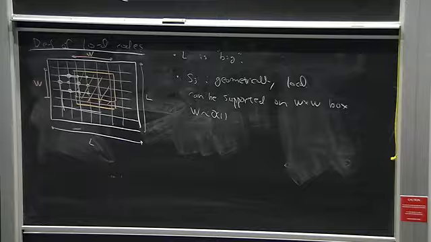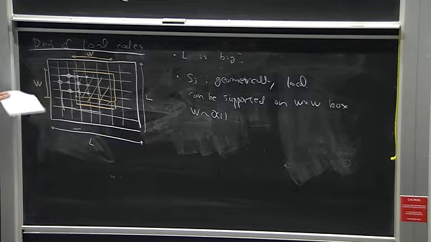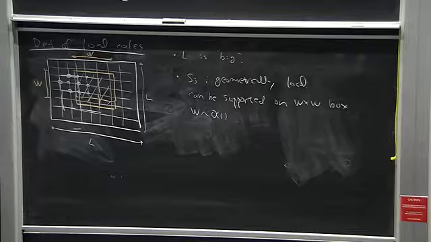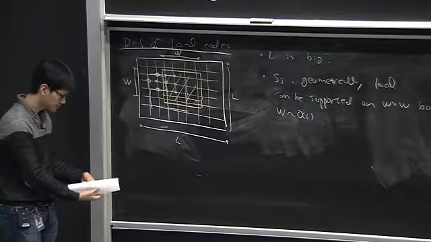So the point is that with this square lattice or hypercubic lattice framework, you can basically treat all the lattices which have a low density or fixed density per volume.